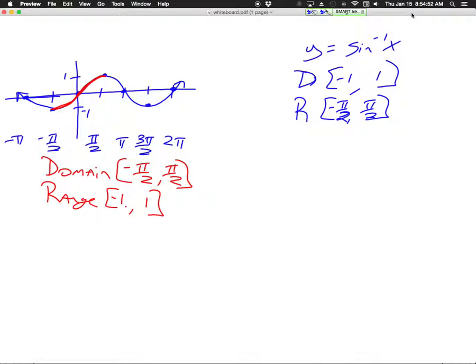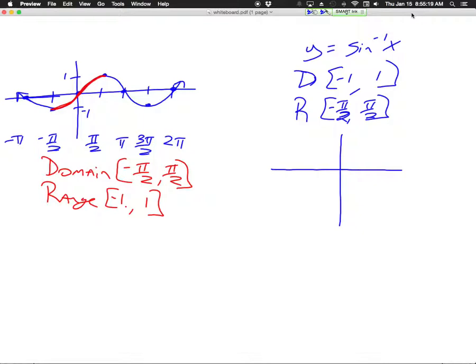Along with that, it's also very helpful to look at the graph of the inverse sine function. So we want to do that as well. What values need to be on my x-axis if I'm looking at the graph of the inverse sine? -1 to 1, because my domain is -1 to 1, which are my x values.